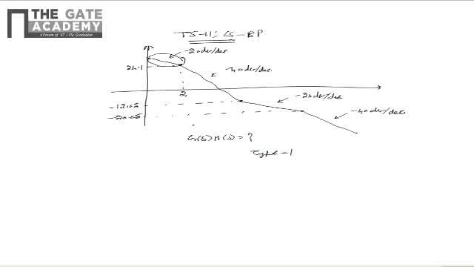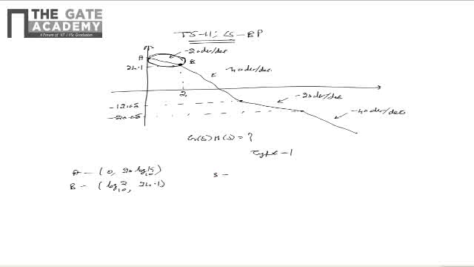And also we see that the slope is minus 20 dB per decade between point A that is marked and point B that is marked, and point A corresponds to (0, 20 log k to the base 10) and point B corresponds to (log 2 to the base 10, 24.1 dB), that is the x-axis point, and y-axis point is 24.1 dB.